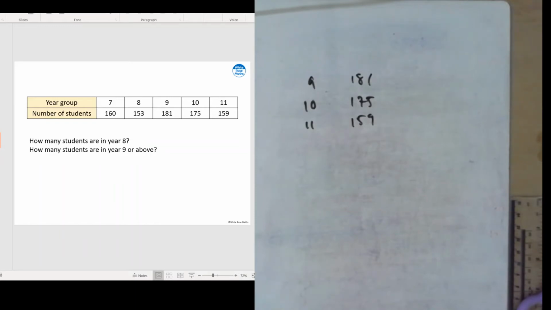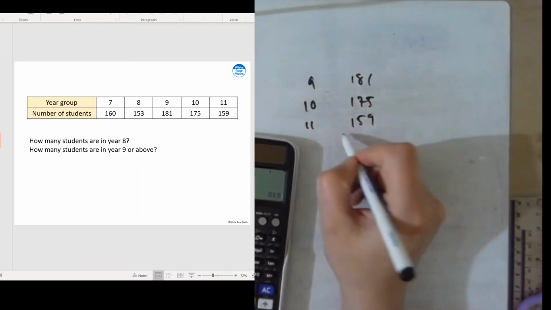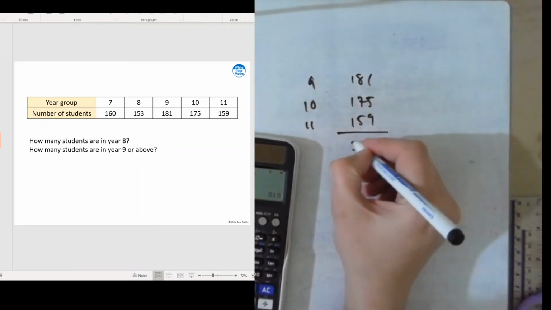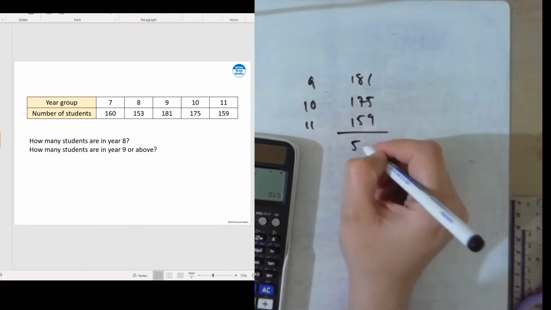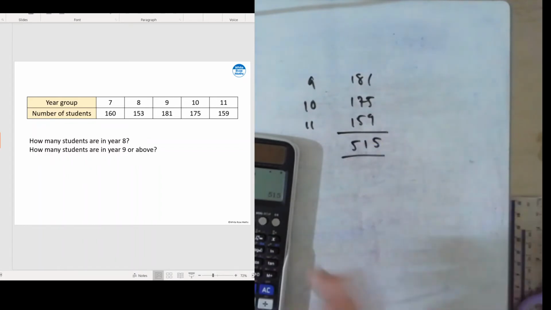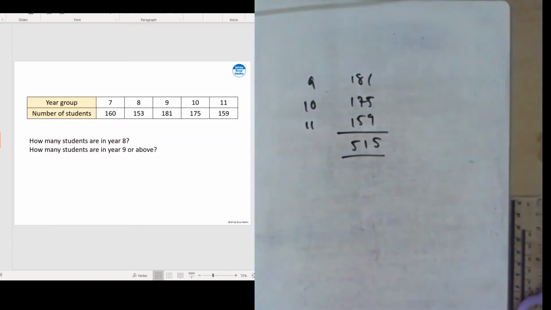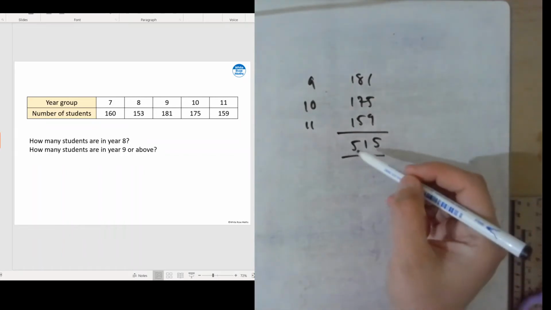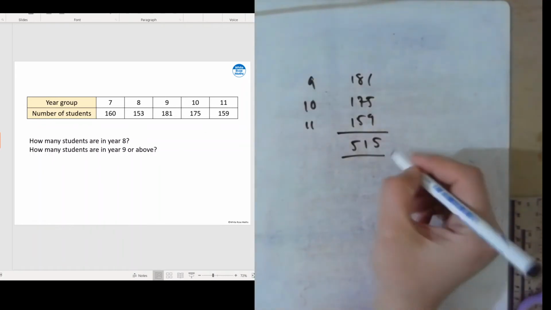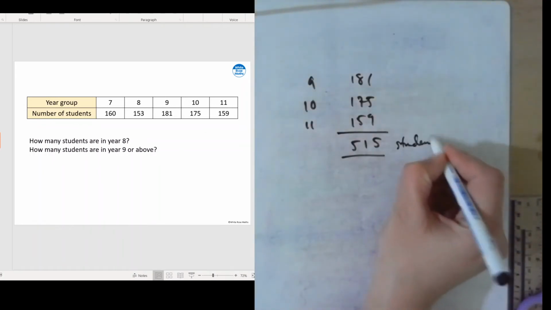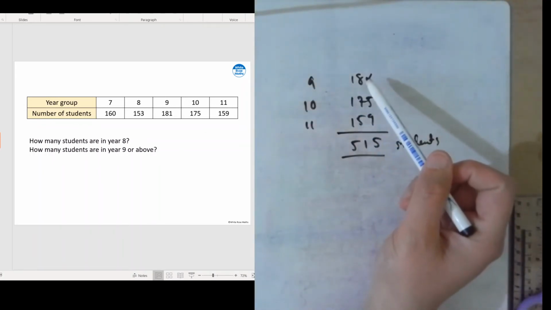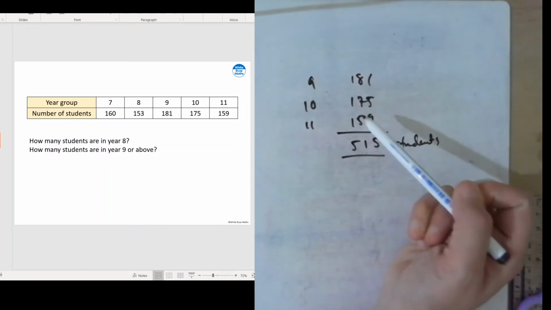I'm using the trusty calculator. Okay, so if I total all of them up, I get 515. Okay, so if someone was to ask me how many students are in year 9 or above, I would say 515 students. Okay, because all I've done is add up the year 9s, the year 10s, year 11s.